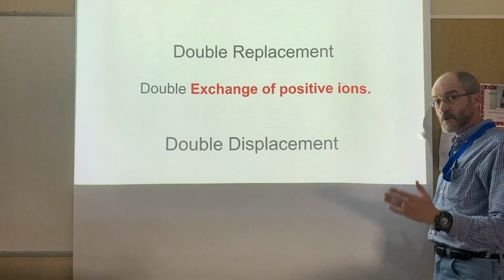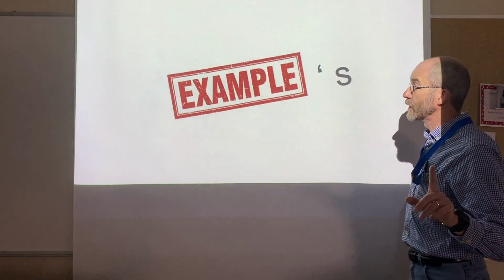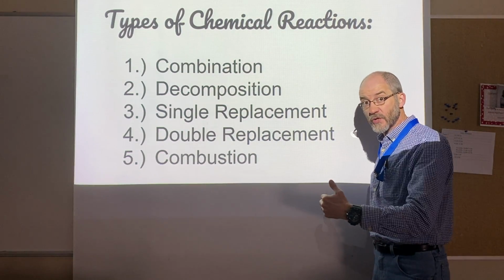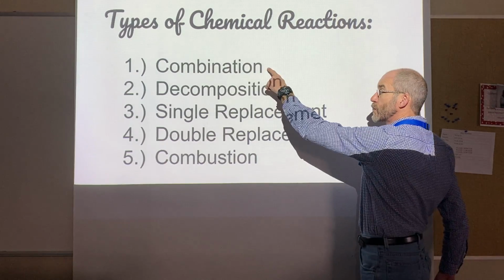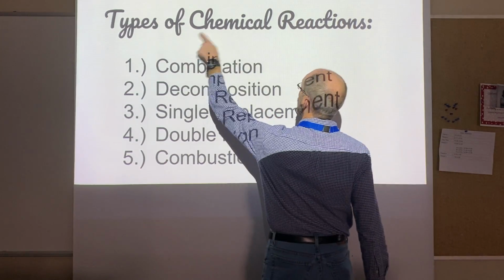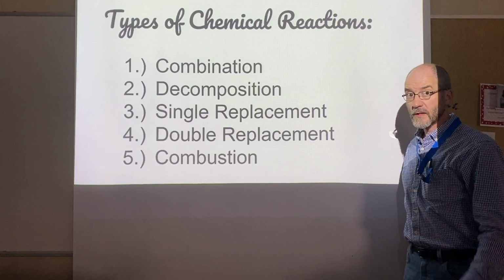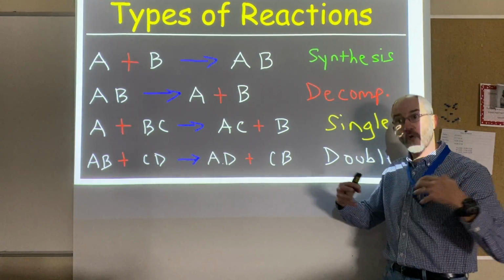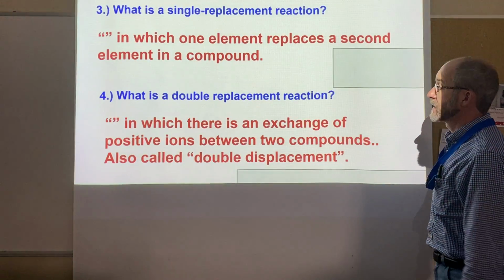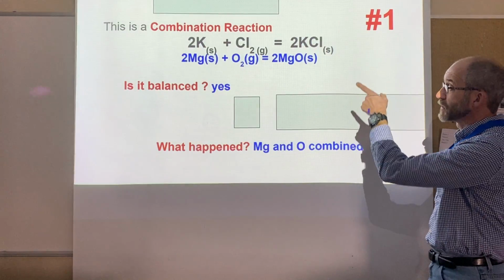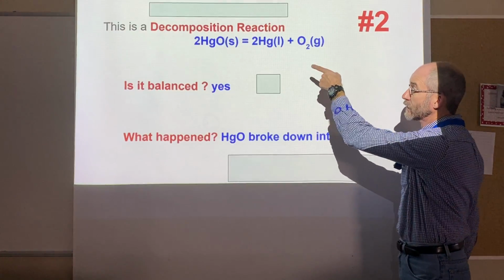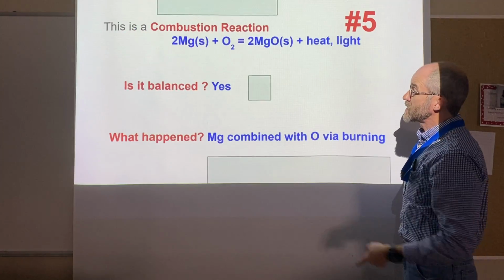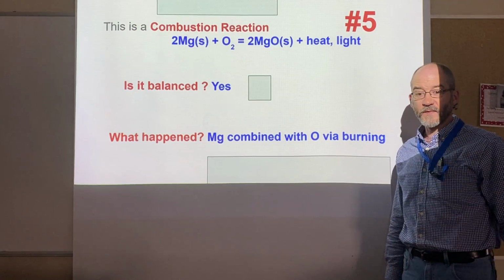Let's recap very quickly. What's the purpose of this lecture? It's for you to identify the 5 types of chemical reactions by name, by concept, just overall what happens, and last but not least, by looking at the actual chemical equation and saying, I can tell what that is.